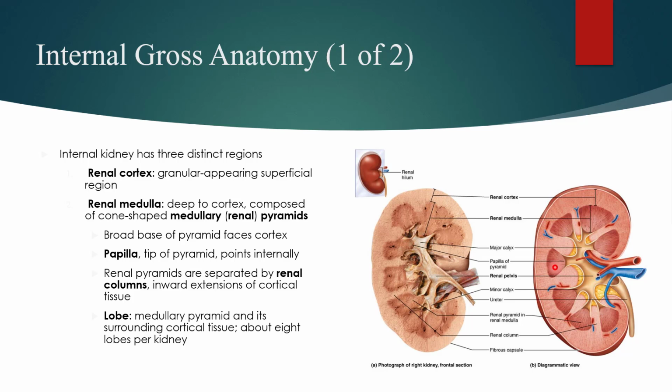The cortex is all superficial, and the medulla is deeper and carries the renal pyramids, the papilla, and the renal columns. These are the renal columns right there. The pyramids are this section here, the dark brown area that looks like an inverted pyramid.